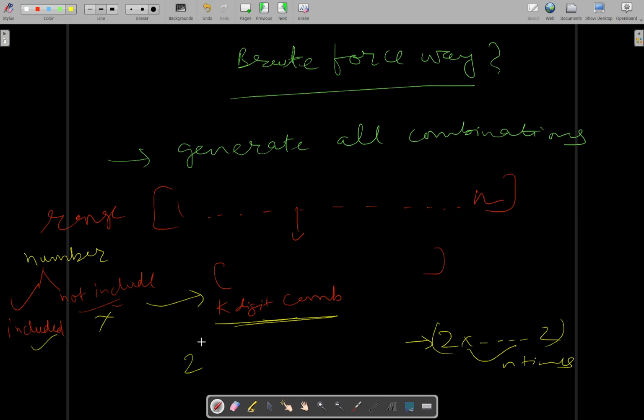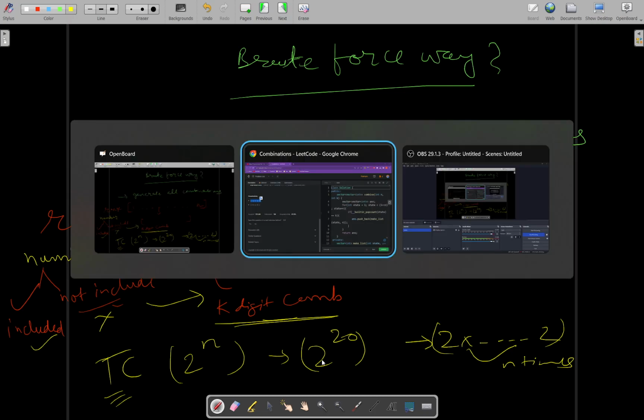So the time complexity of this brute force approach will be 2 raised to power n, and n here is 20. Let's check what 2 raised to power 20 is.